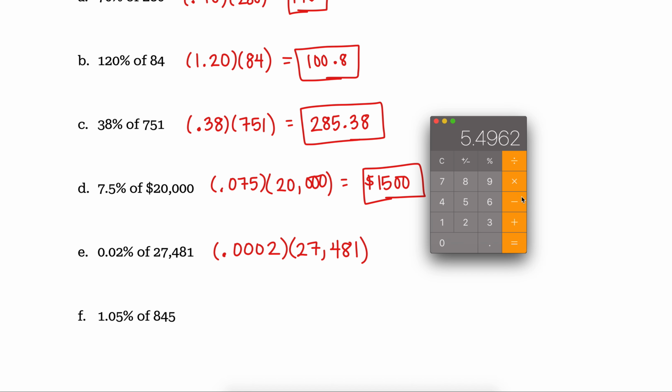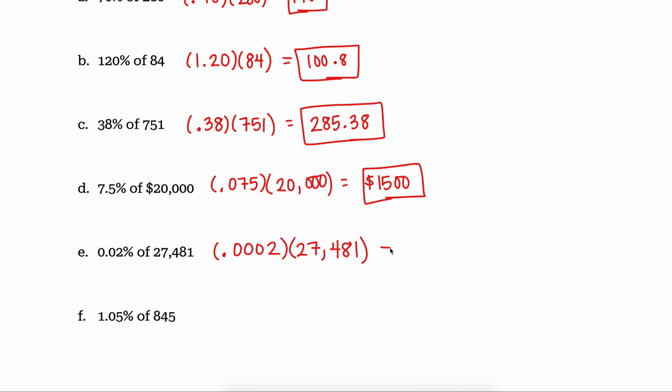So we end up with 5.4962. If you were tasked with rounding this, let's say to 2 decimal places, that 0.49 is followed by a 6, so it would round up to 0.50. So if you had to round this, it would be 5.50.